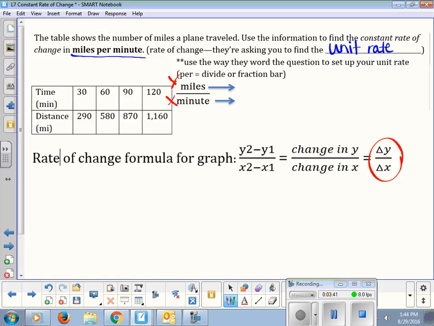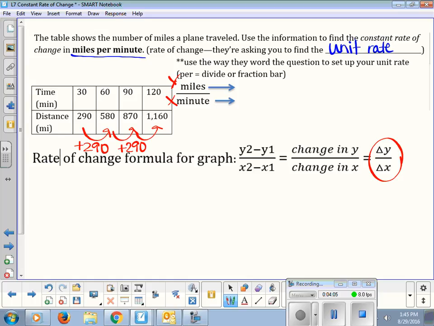Let's look at our distance. Each time, what are we increasing or decreasing by? To go from 290 to 580, we're adding what? 290. To get from 580 to 870, we're adding 290.